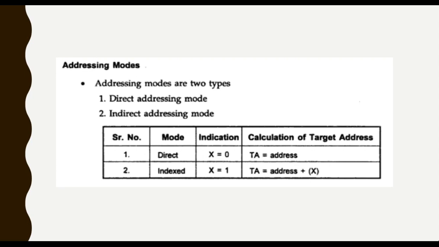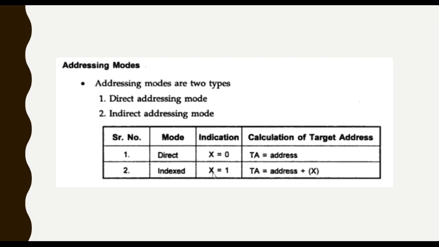Next is addressing mode. This architecture supports two types of addressing mode: direct addressing mode and indexed addressing mode. Based on the X bit, if the X bit is 0, then it's direct addressing mode, and the target address is equal to the direct address.